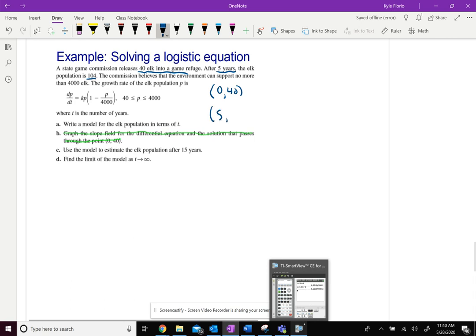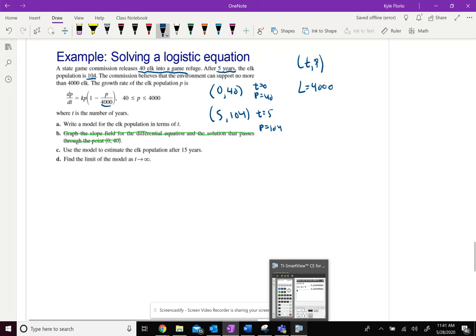So when t equals 0, the population is 40. When t equals 5, the population is 104. So these are time, comma, population. That's what's being related here. The environment can support no more than 4,000 elk, so 4,000 is the carrying capacity.